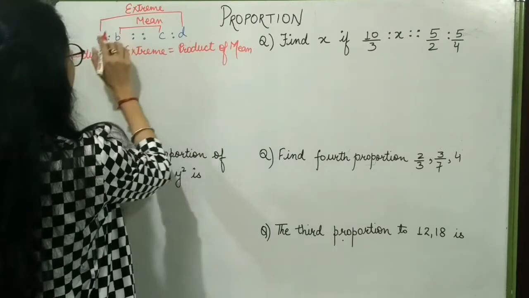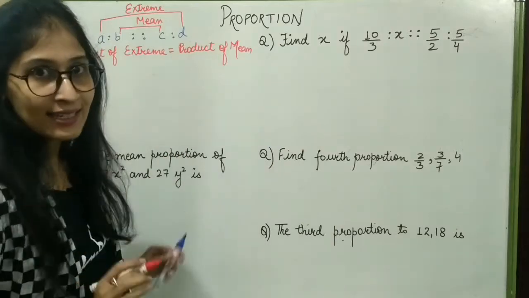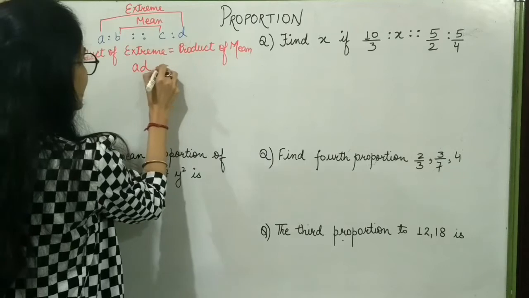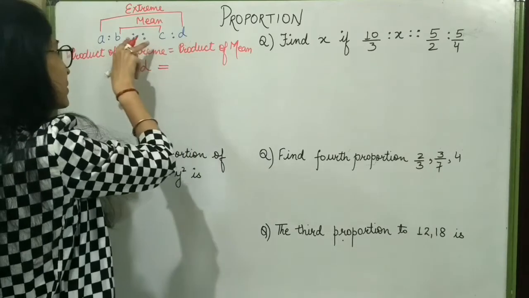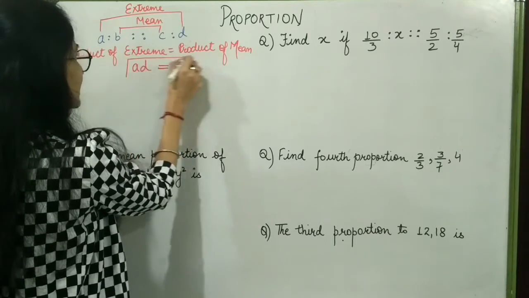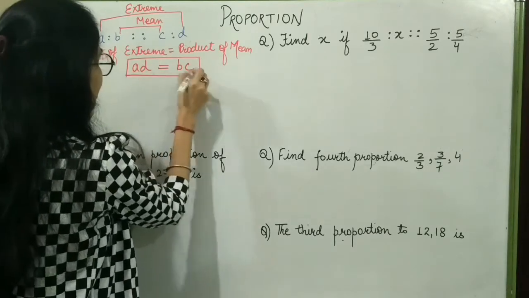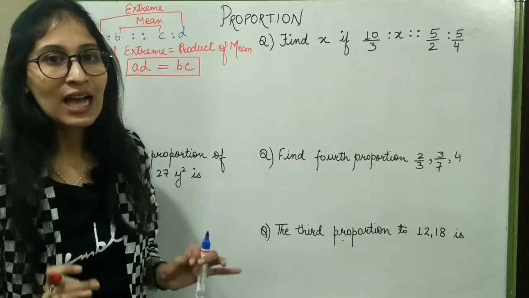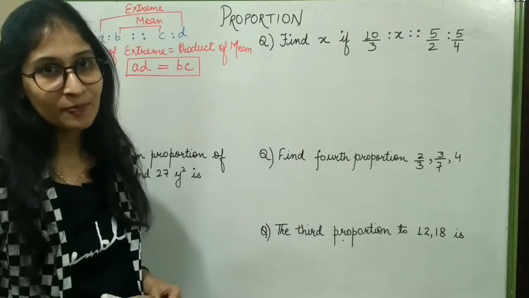So here my extreme terms are A and D. So A multiplied by D must be equal to the product of the middle two terms, B multiplied by C. This is the basic rule to check whether the four numbers are in proportion or not.